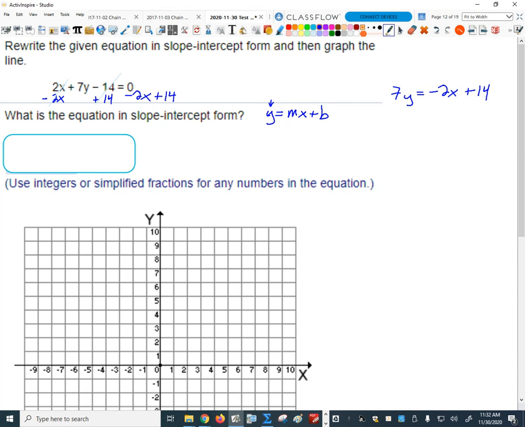Dividing by 7 is the same thing as multiplying by 1/7. So you take your pick. Either way, when we divide by 7, we're just going to divide each term separately, right? So the 7s will cancel, and I end up with y equals, now what am I going to get from this first term? What's negative 2x divided by 7? What's that going to give us, Tony?